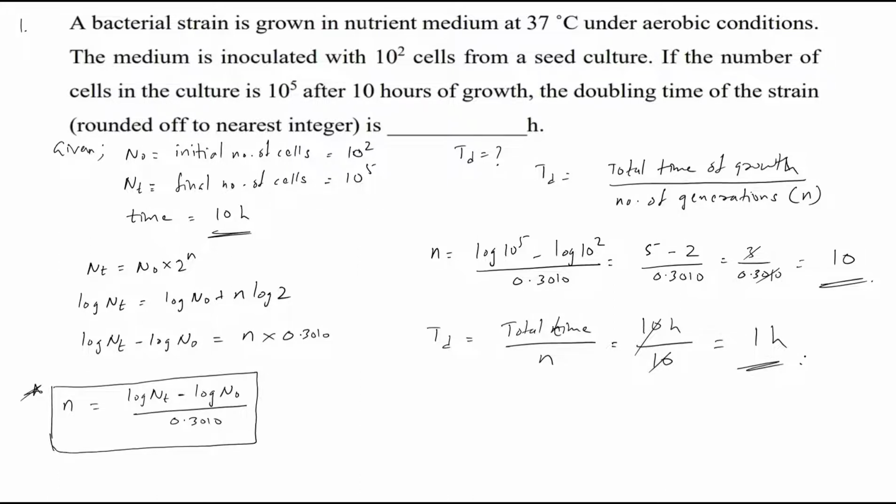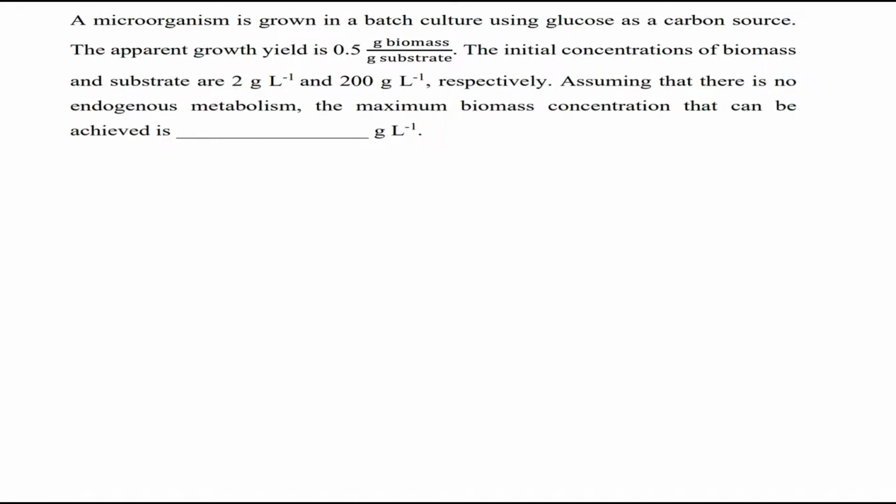Okay. Next question. A microorganism is grown in a batch culture using glucose as a carbon source. The apparent growth yield is 0.5 gram biomass upon gram substrate. This is an important point. The initial concentrations of biomass and substrate are 2 gram per liter and 200 gram per liter.